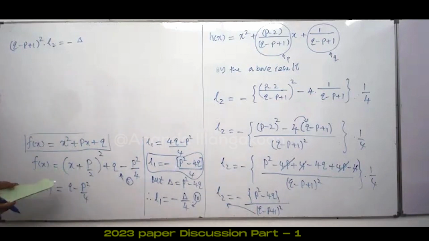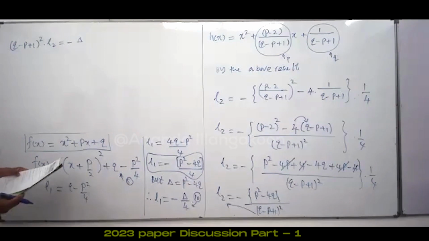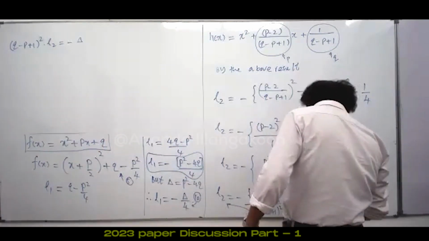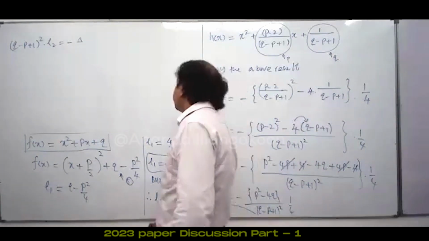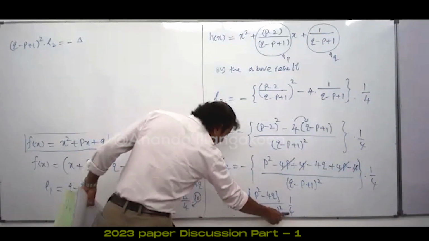But people, what is the answer asking to show there? Q minus p plus 1 perfect squared into L2 equals L1. Another mistake I did here, this 4 I didn't write, no? That 4 should also be coming here. Right. Then here we have minus delta by 4.